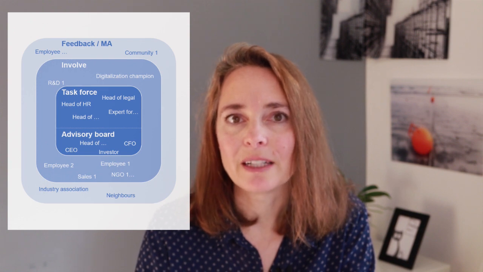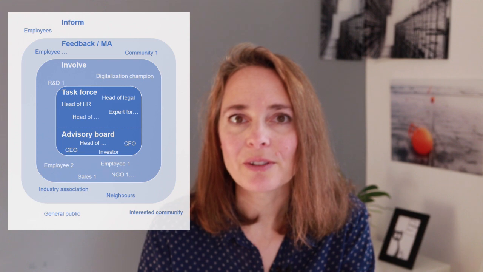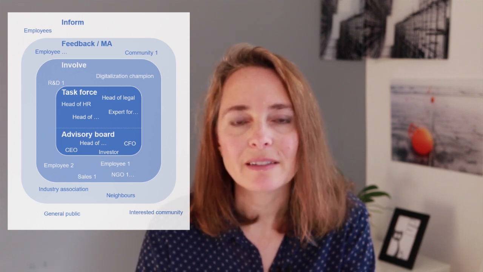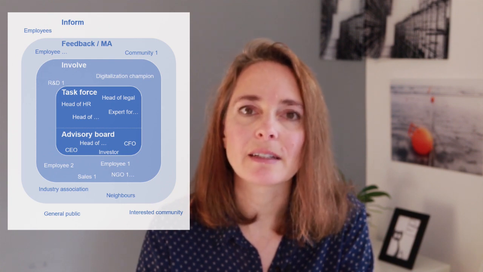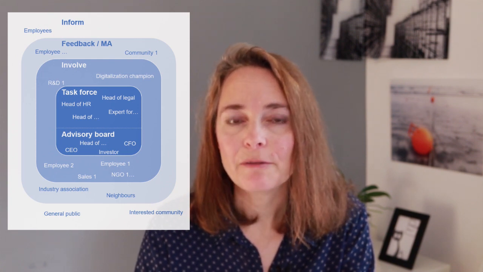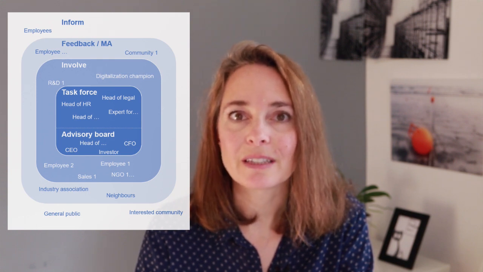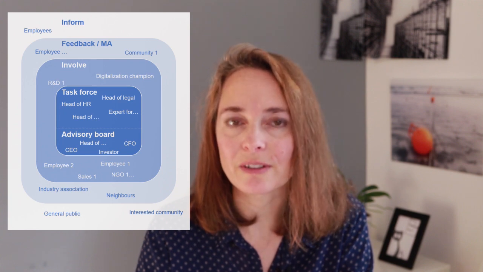Usually you might only have 3 categories of people. And then the outer circle is people who I just want to inform. That is normally the general public, it can be communities, it can be media. Having said that, I might also include several people of this category in one of the inner circles.